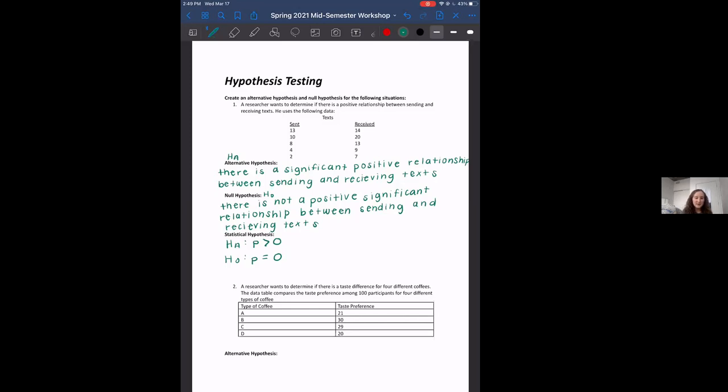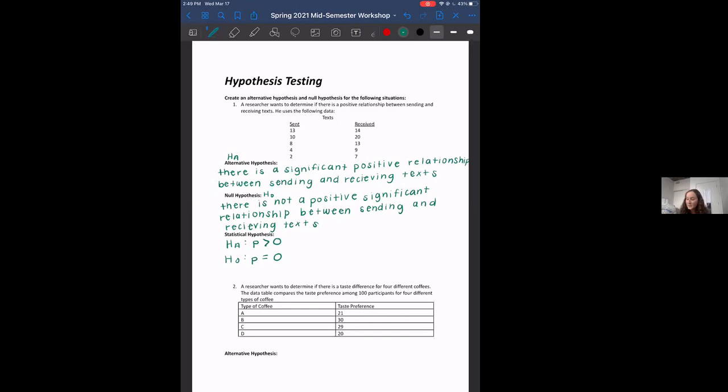All right, so let's test ourselves with this one. So we're gonna guess which one is the alternative hypothesis. There's two choices here, and one is the alternative hypothesis and one is the null. So it's either there is a difference in taste preference for the different types of coffee, or taste preference will be the same for different types of coffee.